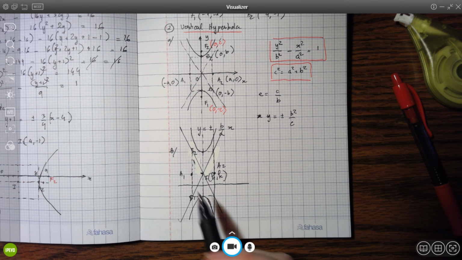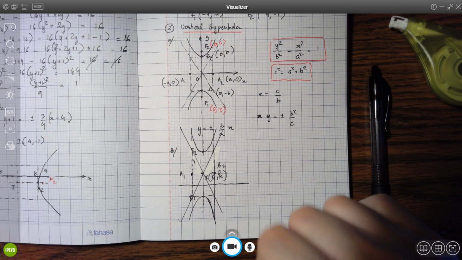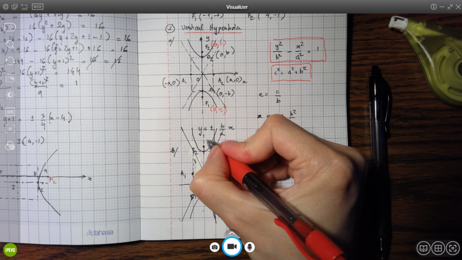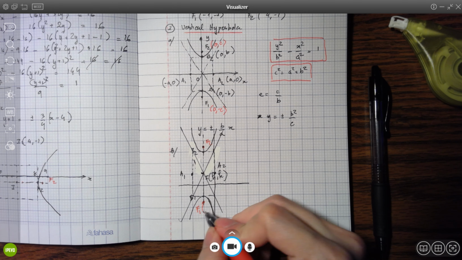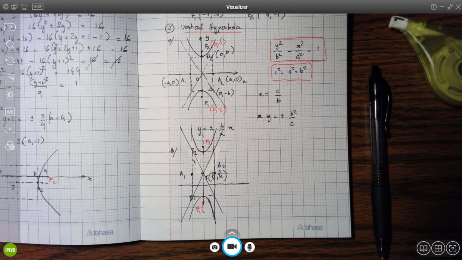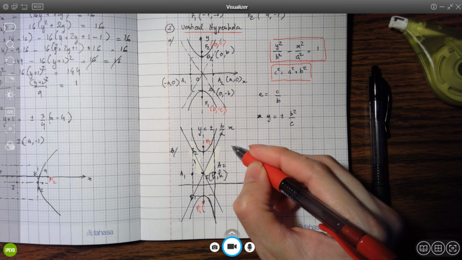C is the distance, so F2 is here, F1 is here. We don't know the coordinates of F1 because everything changed already. So C is from here to here.